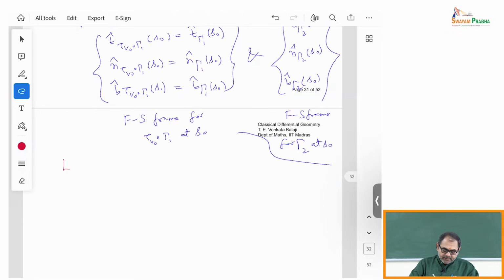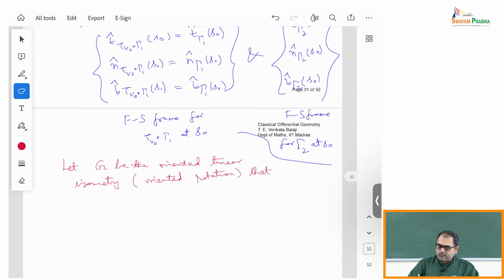Let G be the oriented linear isometry, the oriented rotation, that moves the Frenet-Serret frame for T_v0 circle gamma 1 at s naught to the Frenet-Serret frame for gamma 2 at s naught.